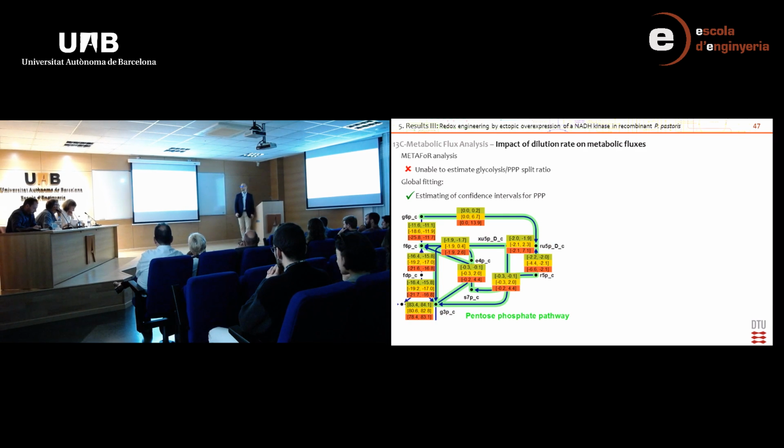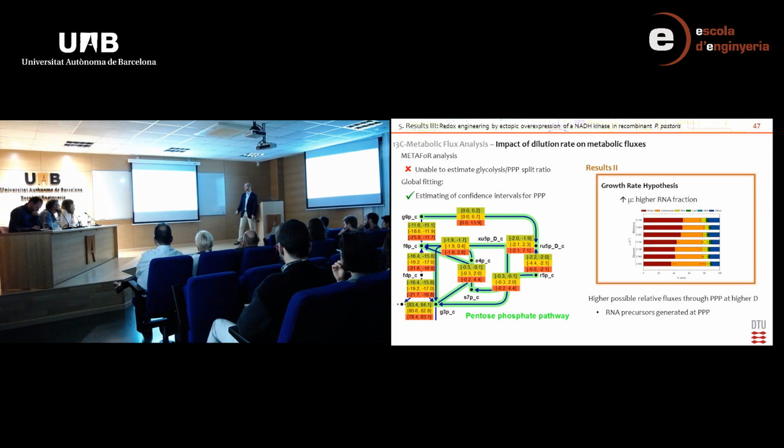Unfortunately, metaphor analysis was not able to estimate the split ratio between glycolysis and the pentose phosphate pathway. However, the methodology used here, the global fitting, was able to estimate confidence intervals for the pentose phosphate pathway. By looking at those estimations, we observed that there are higher possible relative fluxes through the pentose phosphate pathway at higher dilution rates.